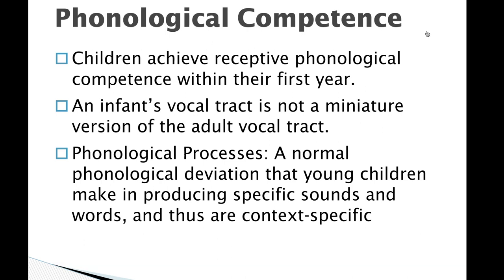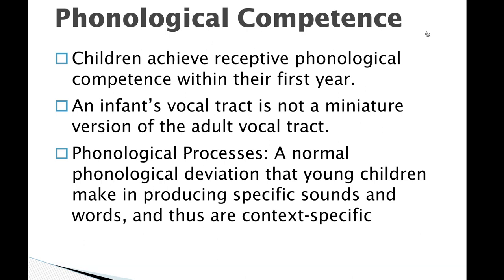There's also the phonological process of fronting, where I'm going to make sounds that are used with my lips, M, B, P. I'm going to make T's and D's because that's in the front of my tongue, but I'm not going to make K and G's because that's in the back of my mouth.